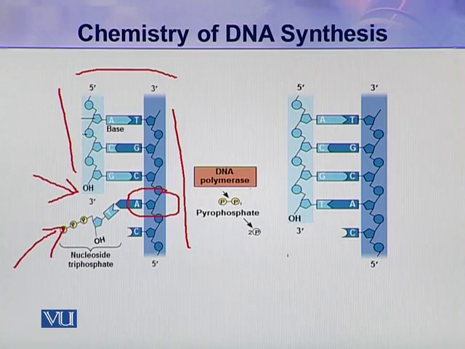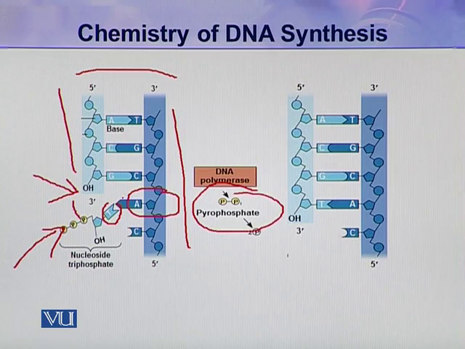As you can see, if adenine is present, the nucleoside triphosphate containing thymine comes here to be added to this growing chain. This hydroxyl attacks this phosphate, and after the attack you can see the pyrophosphate is released, and a new nucleoside triphosphate, or rather now a nucleotide, is added to the primer side.